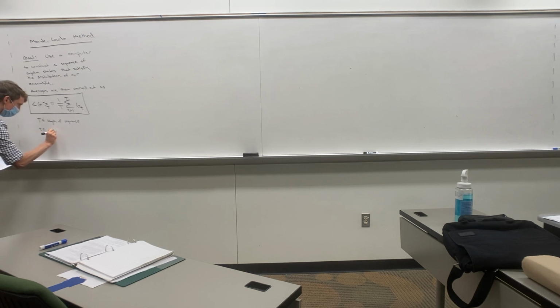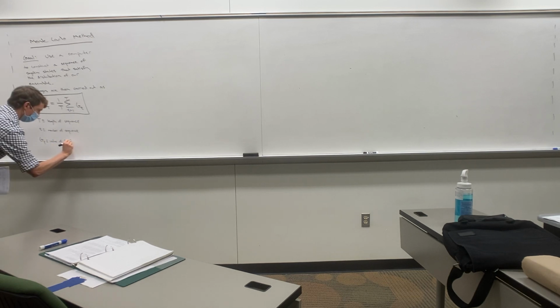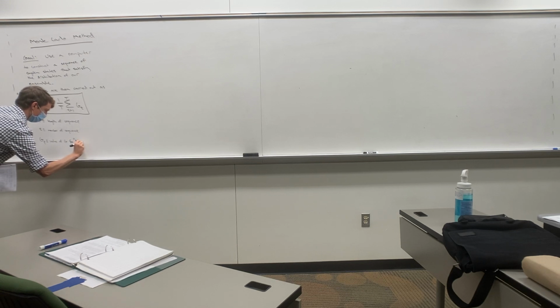And so what the sum is doing is it's summing over all members of my Monte Carlo sequence of states. And then G of t is just the value of G for this t-th member.